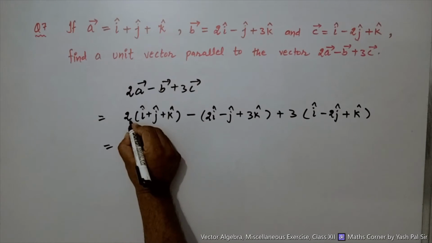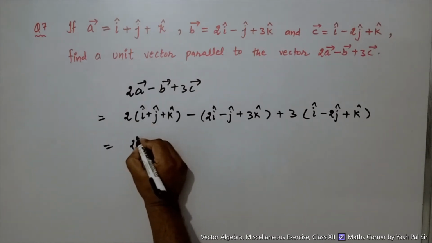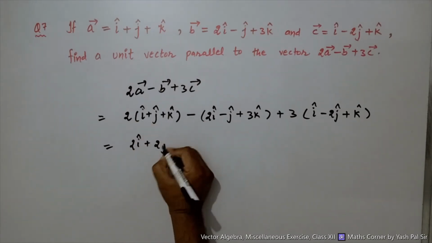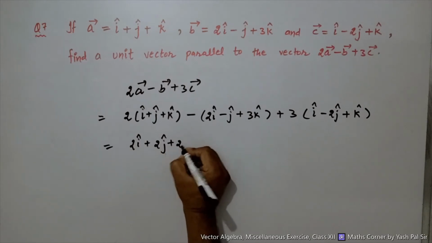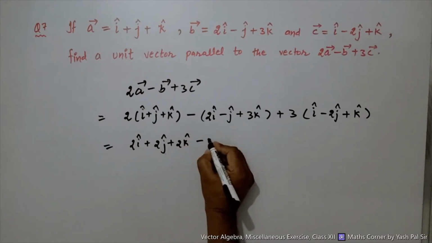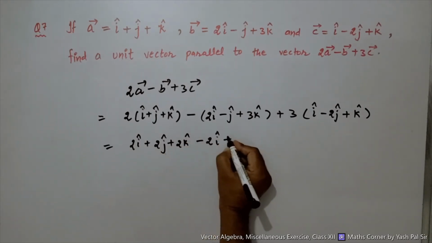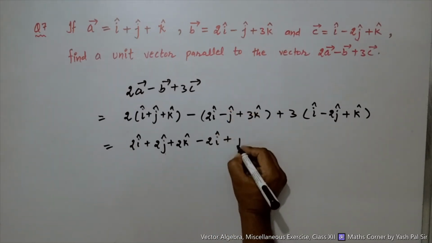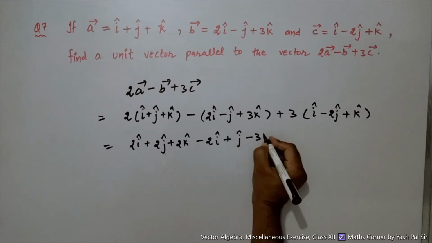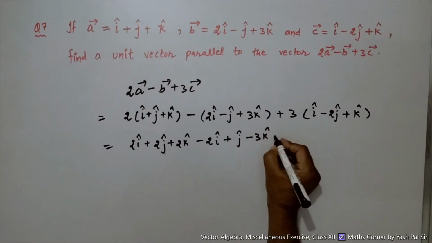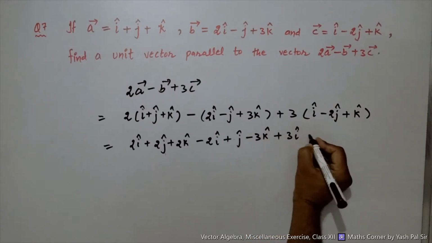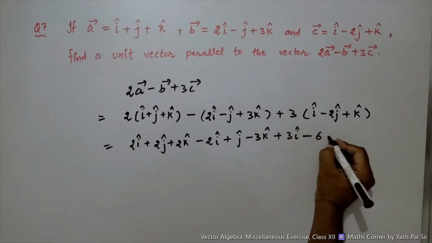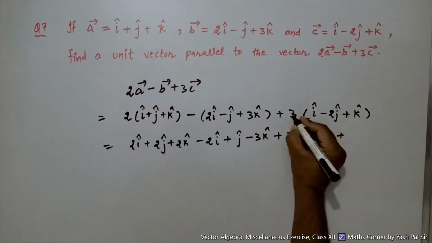So this is equal to 2i plus 2j plus 2k minus 2i plus j minus 3k plus 3i minus 3 into 2, 6j plus 3k.